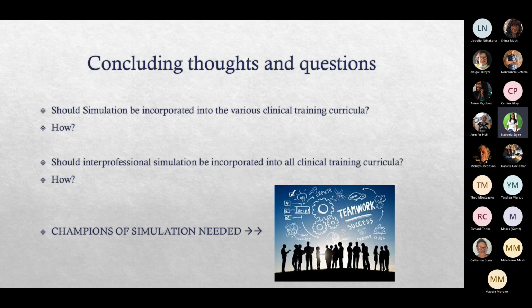We need champions of teamwork. We need champions of collaborative simulation, so that we're not coming into the sim lab for an hour and then leaving, but actually developing this community of practice so that we know each other. And I think COVID has now in the last month allowed us to have that network and have those people and have those face-to-face sessions and interactions, which become so valuable.